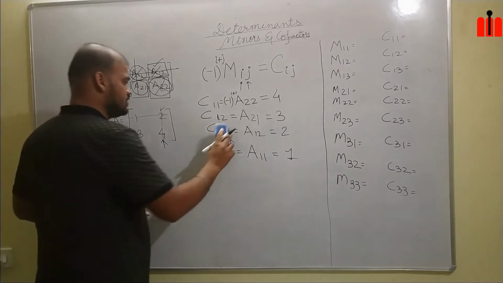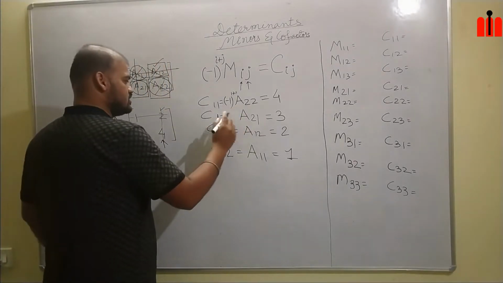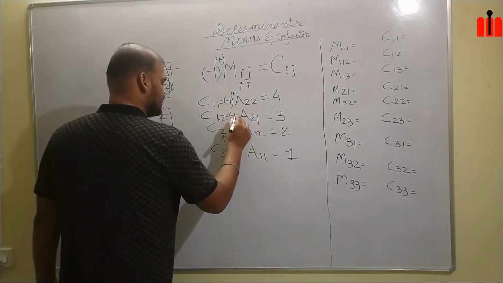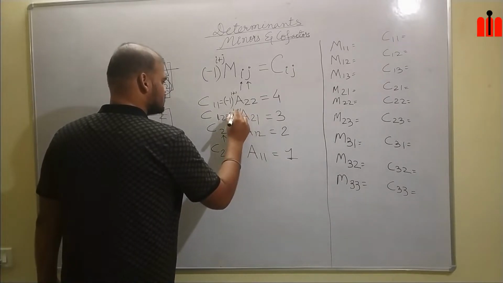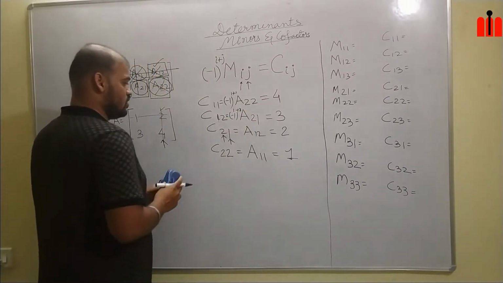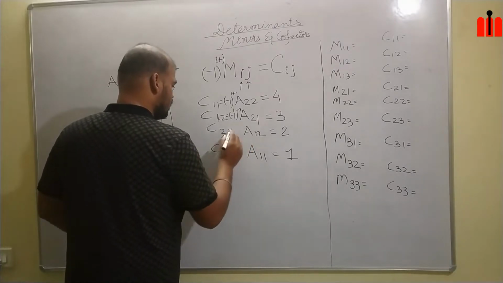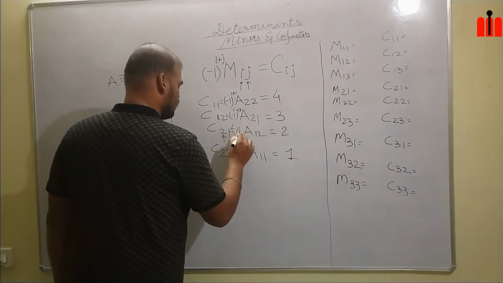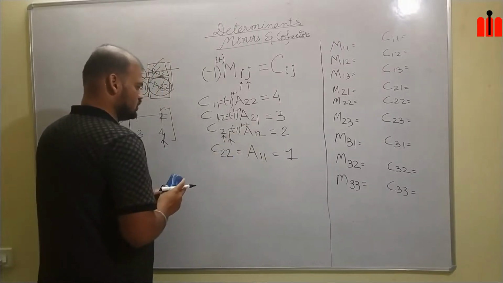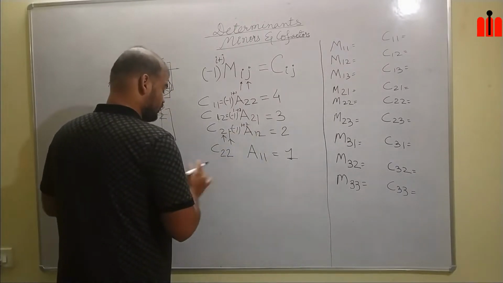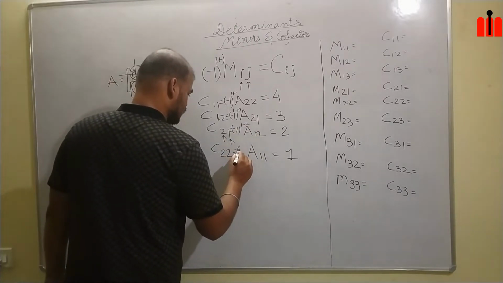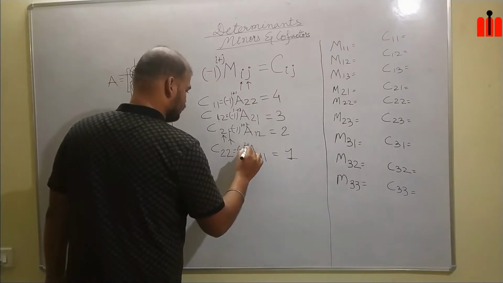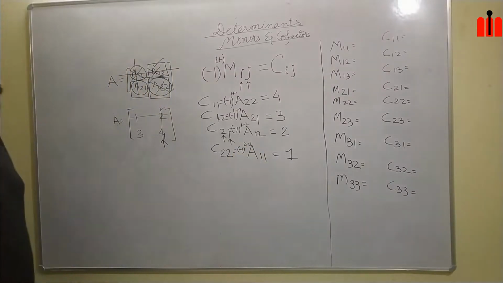Here also it is 12, so -1 to the power of 1 plus 2. Then 21, -1 to the power of 2 plus 1. And C22, -1 to the power of 2 plus 2.